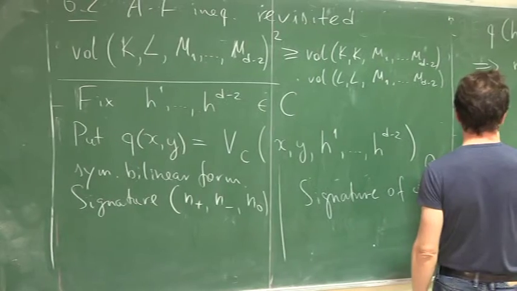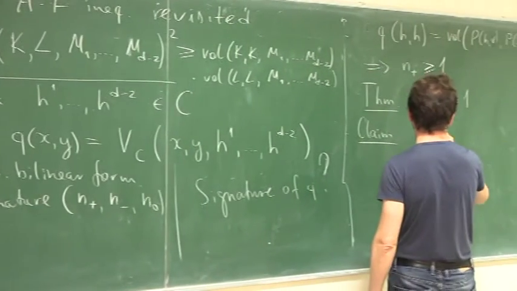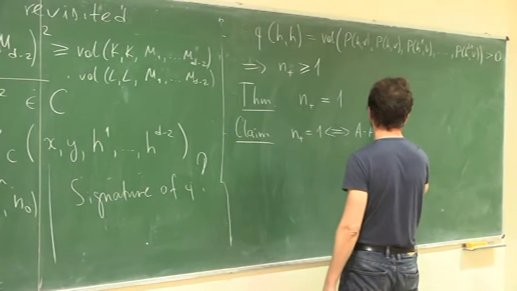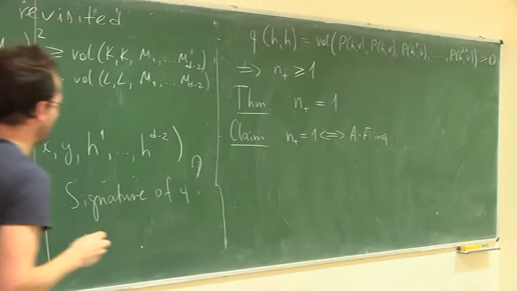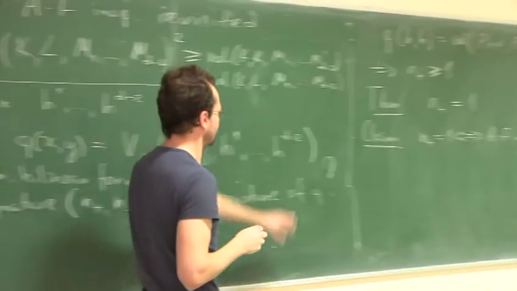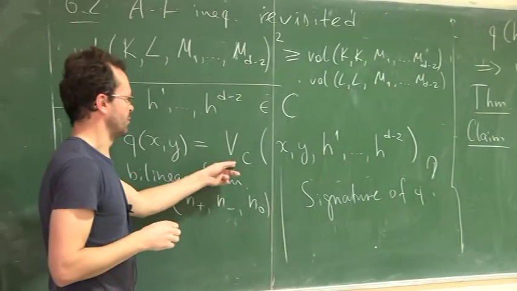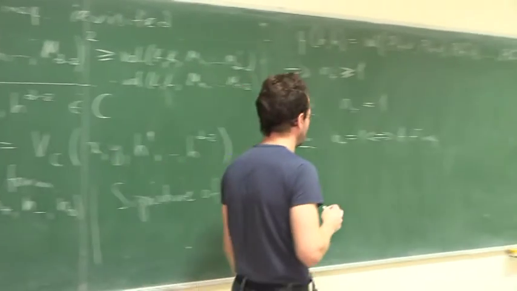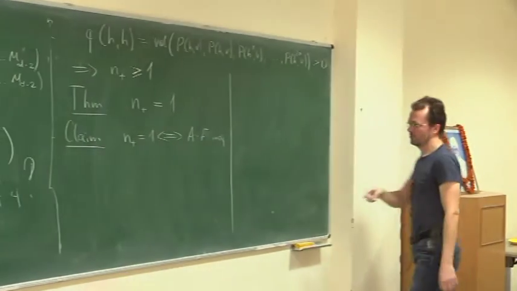So, claim: the fact that n plus equals 1 is equivalent to the Alexander-Fenchel inequality. I said that this formulation is somehow more attractive, but again, it deals with some quadratic form that comes from some complicated construction. I want to motivate this a little bit more before I prove this claim.